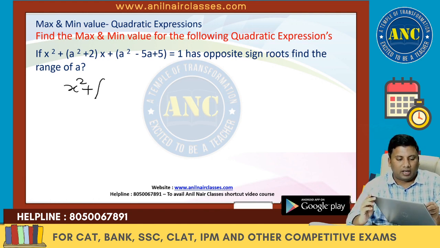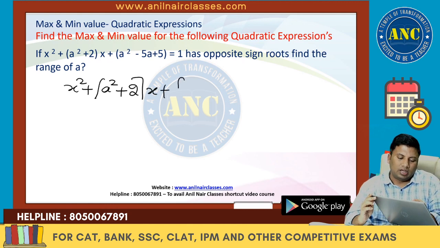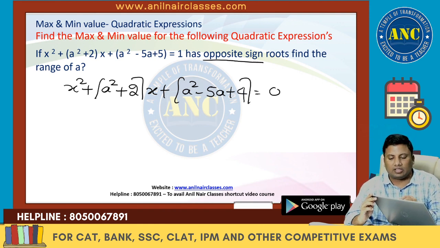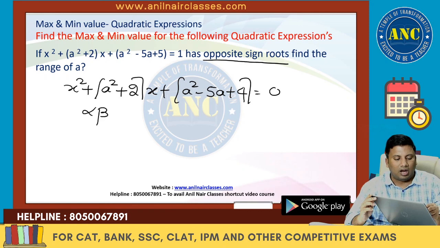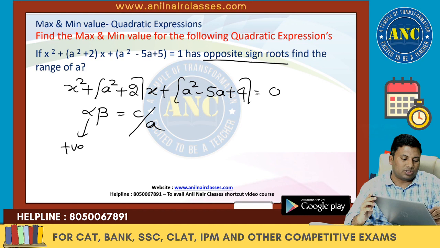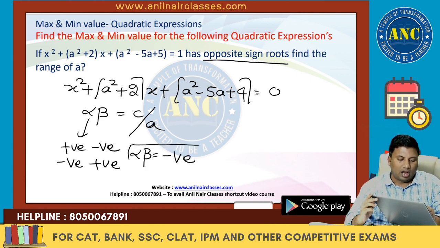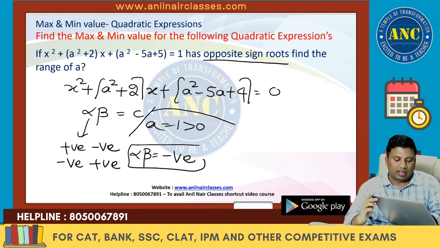x square plus a square plus 2 into x plus a square minus 5a plus 4 equivalent to 0 has opposite sign roots. Alpha beta equivalent to c by a. If this is positive, this will be negative. If this is negative, this will be positive. So alpha beta will be negative. A is nothing but 1, greater than 0.